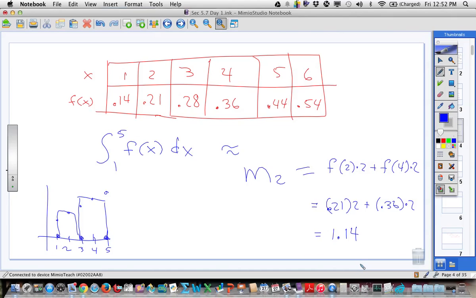What do you got? Anything yet? 1.14. Could we have done an M4?